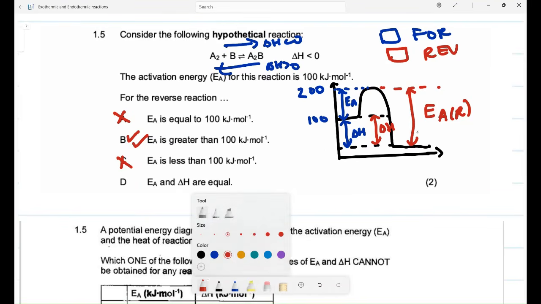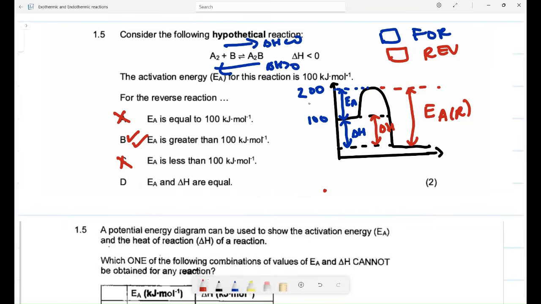But for the EA, I want you to see it is greater than 100, so it's going to be 200 minus whatever the value is here. Can you see now the change in H is here and the EA is there, so they cannot be equal. EA is greater. So the most correct answer is B.